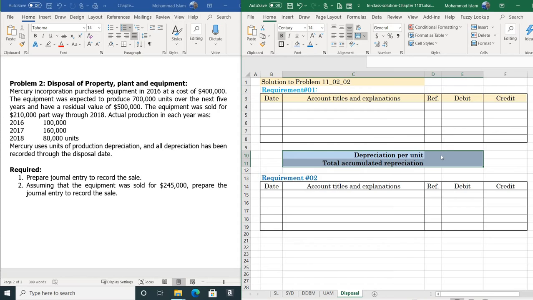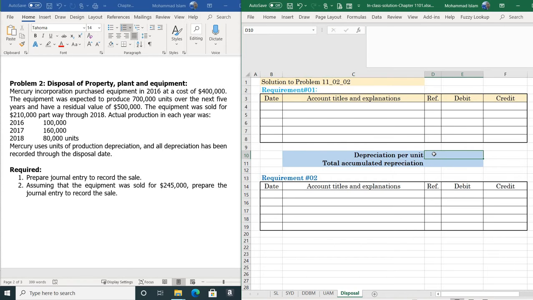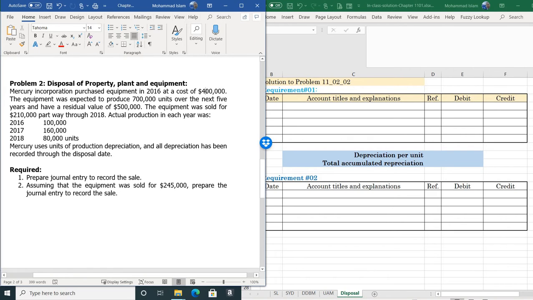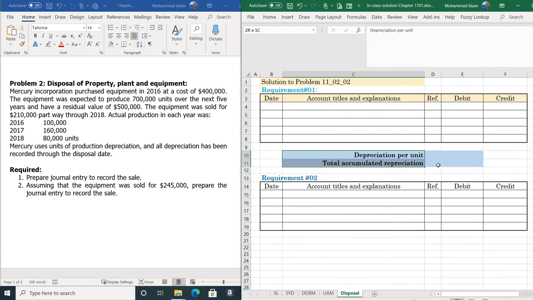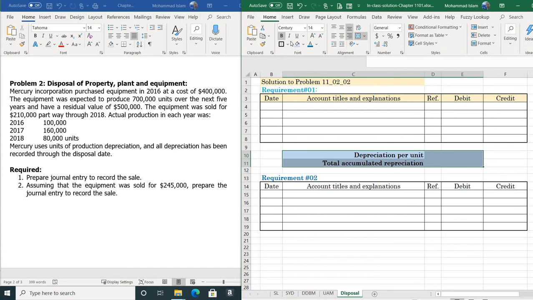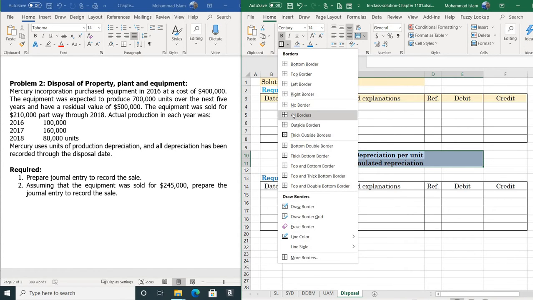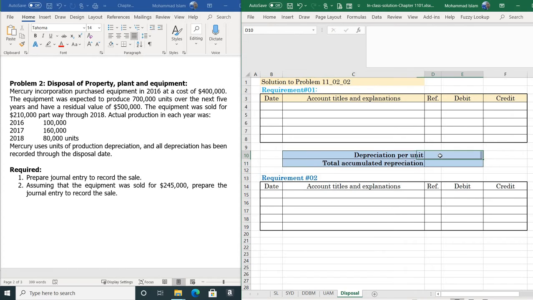So first one is the accumulated depreciation. 400,000 is the cost of the equipment. So it should be equal to 400,000 minus the residual value. How much is the residual value? It is 500,000.